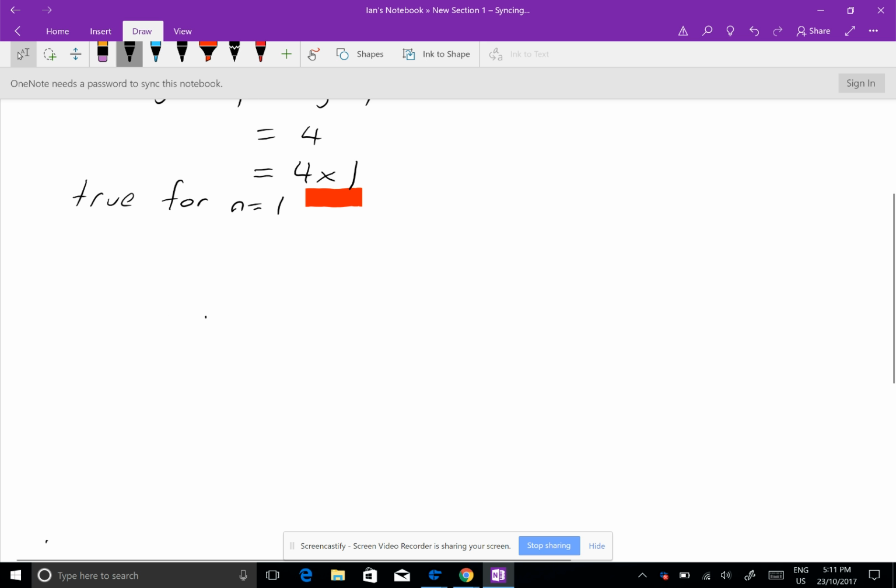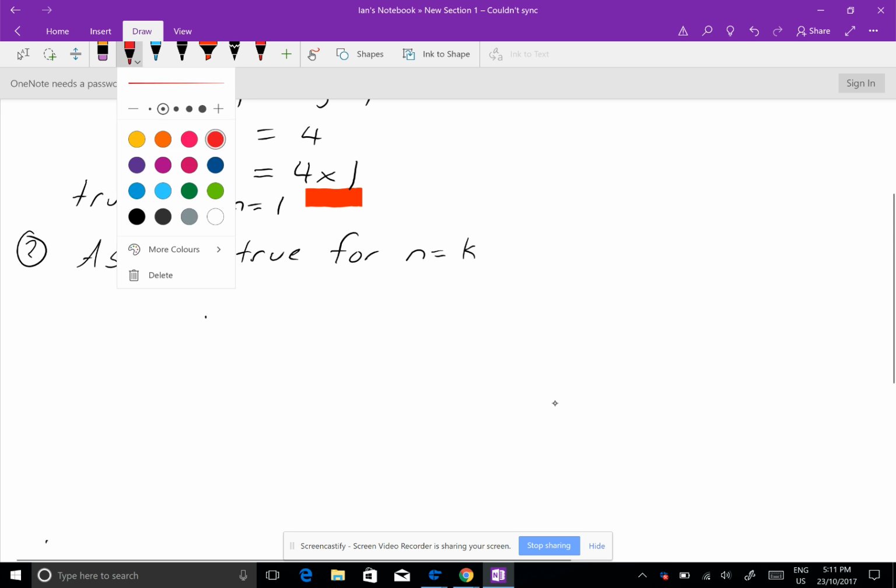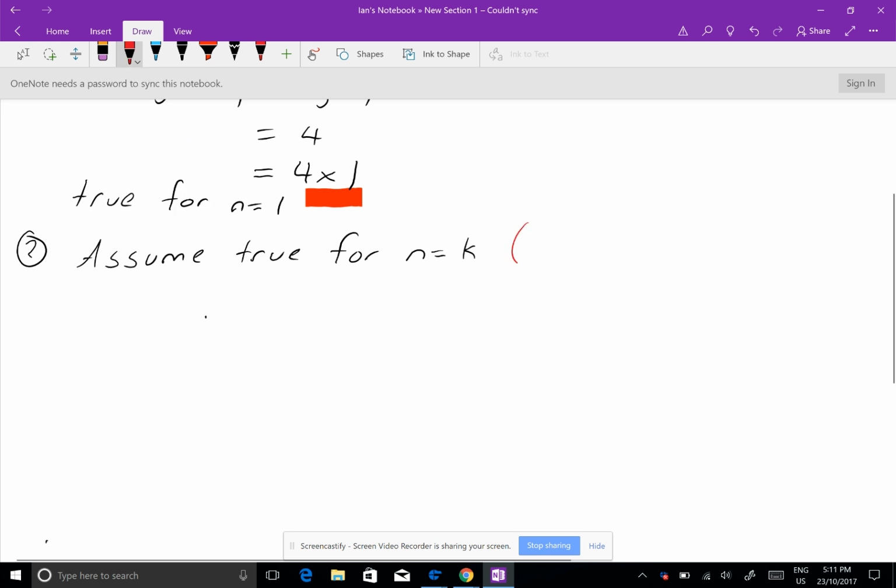Okay, step 2. Assume true for n equals k. And remember, this is for k a constant.